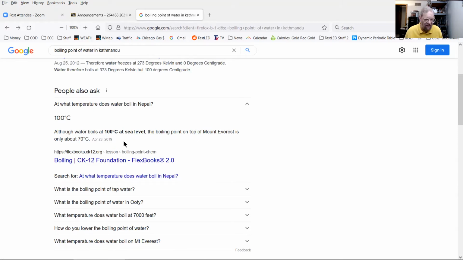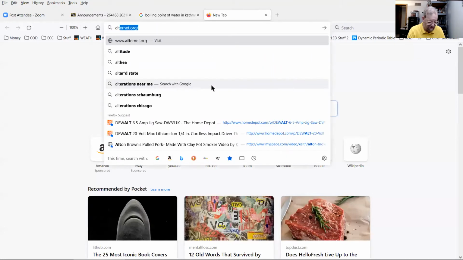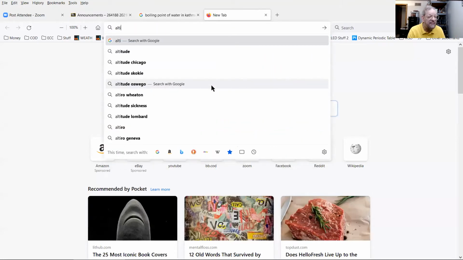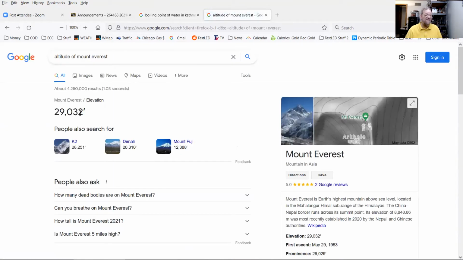And you should know, the higher you go in the planet, the higher the altitude, and Mount Everest is way higher than Chicago. Mount Everest is 29,000 feet above sea level. Yep, that's way above sea level.